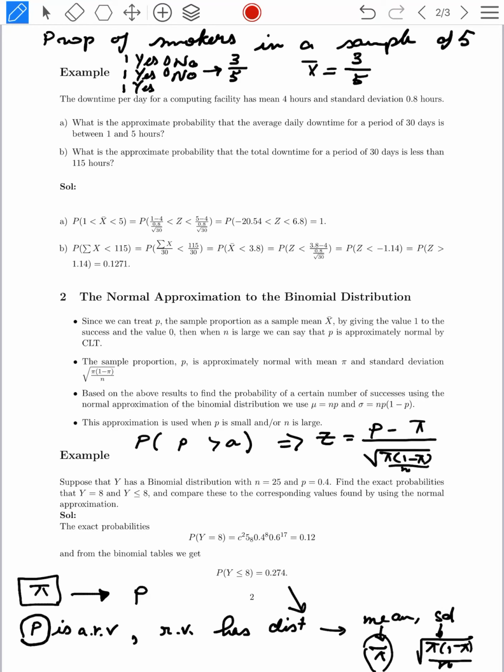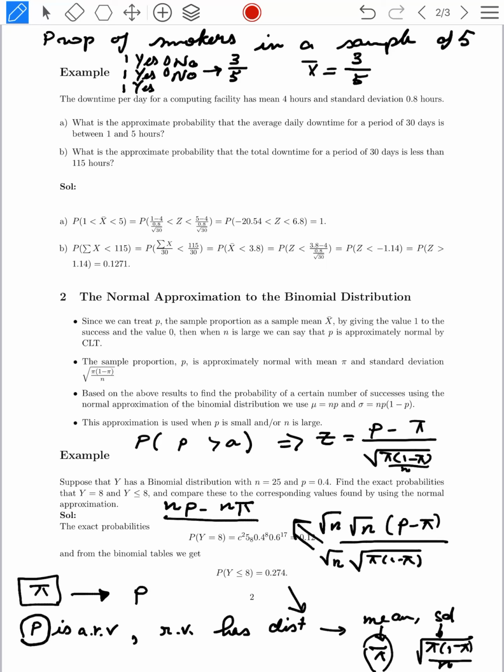We can manipulate this, so I can write the square root of n times (P minus pi), divided by the square root of pi (1 minus pi). If you multiply the numerator and the denominator by root n, what you will get is n P minus n pi, over the square root of n pi (1 minus pi).